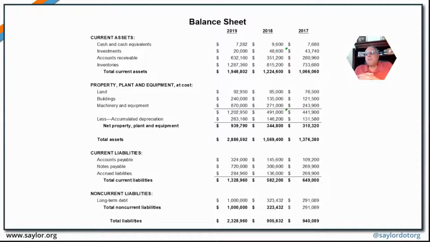But suppose that inventory is 5 years old and it's obsolete. It's not really worth the value that we've established. Think about a video game company that still has inventory on video game number 1, and they're up to version 9. Chances are they're not going to be selling that old inventory.